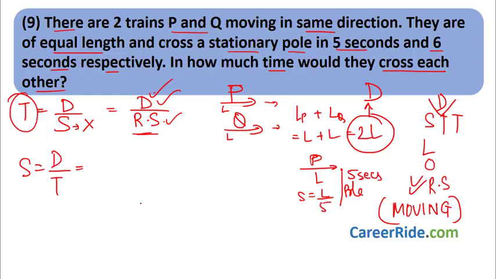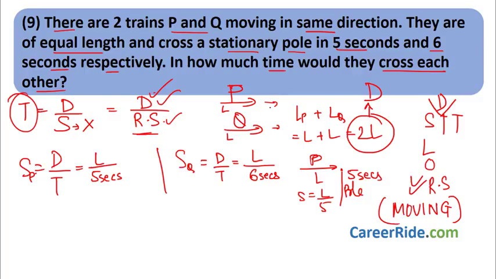Same way over here, right? Speed for train P is nothing but distance traveled is L divided by time taken to cross the pole is 5 seconds. From this we got the speed of the train P. Same way speed for the train Q would be distance traveled upon time taken. Distance traveled is L because length is same, time taken is 6 seconds. So we got both the speeds. Now what is the relative speed?